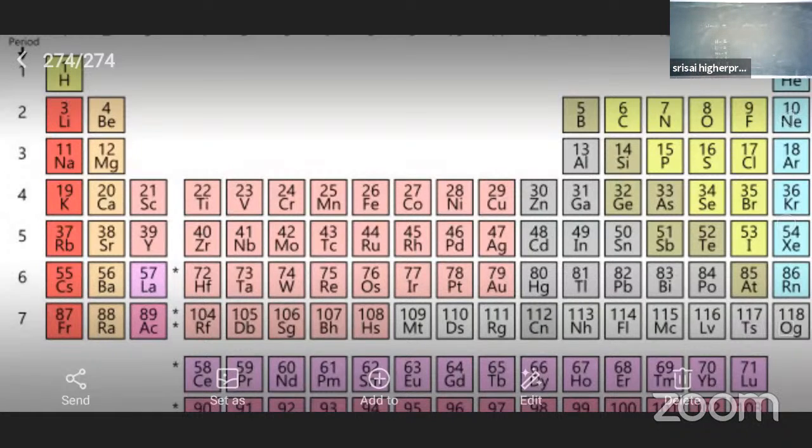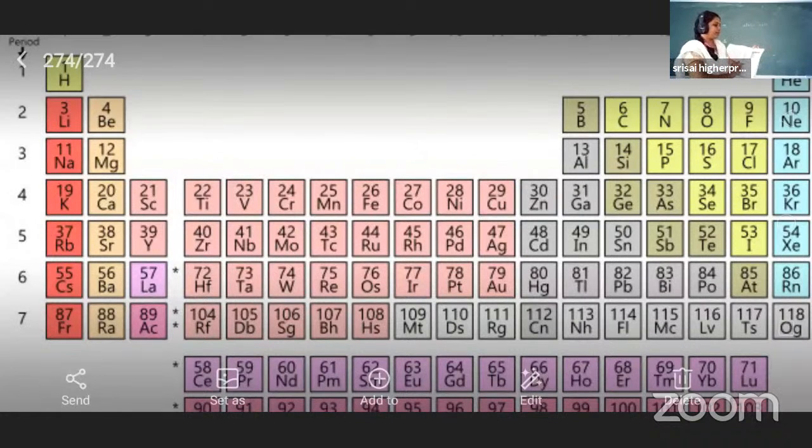And next you come to atomic mass. In your textbook you see there, students, what is the atomic mass? Yesterday we discussed the elements and symbols, and today we are going to learn about the elements and their atomic numbers and atomic mass. So what is atomic mass?